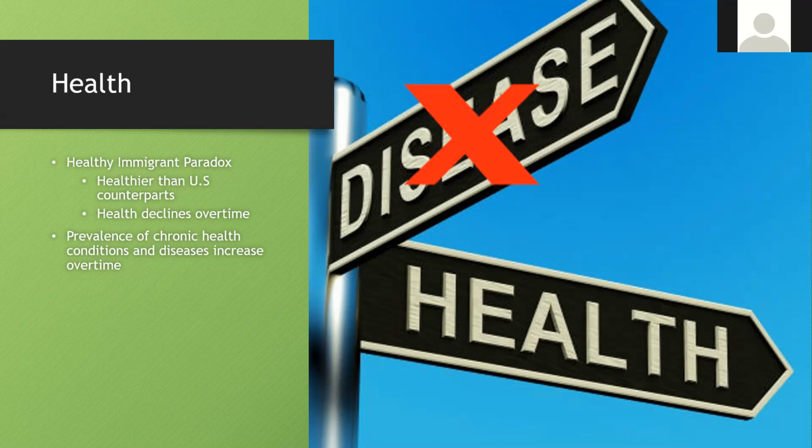You might see higher prevalence of certain chronic conditions and diseases like hypertension, diabetes, and heart disease over time for certain groups. And of course, going back to my point of how diverse this group is, you might see different health trends and outcomes over time.